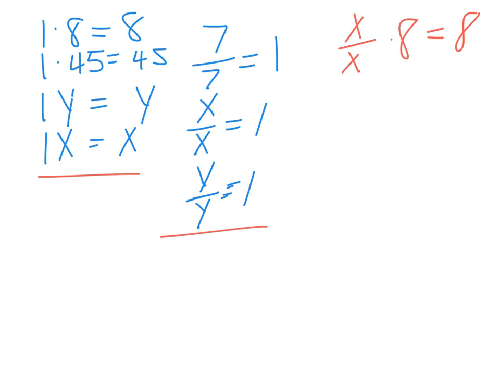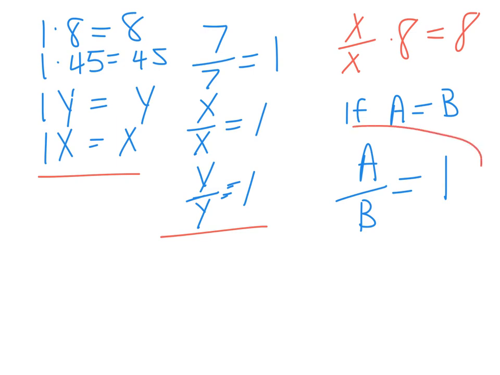The last thing we want to think about is that if a is equal to b, then a over b is equal to 1. That's important. We want to think about that for a minute. If a is equal to b, then a over b is equal to 1.